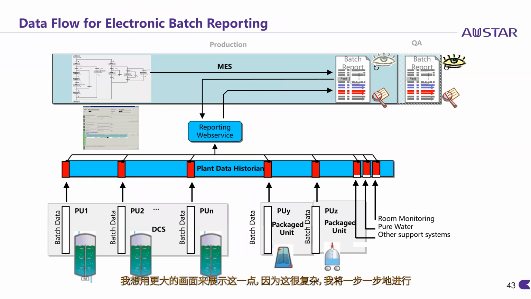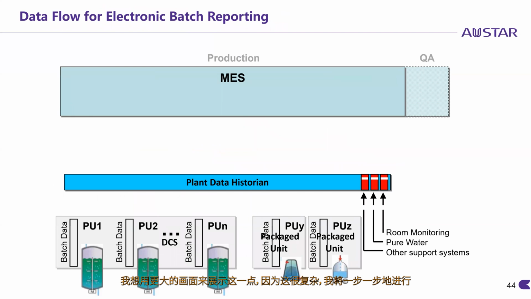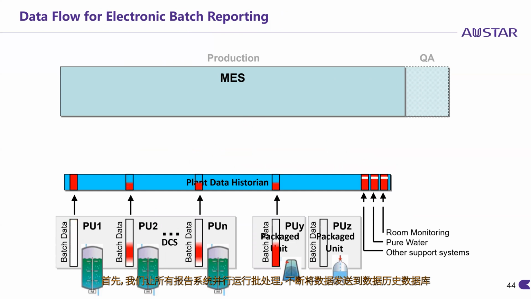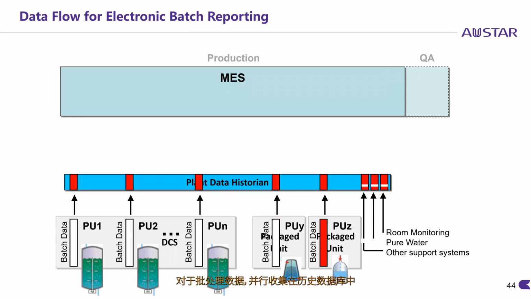So I'd like to show this in a bigger picture. As this is complicated, I will go through it step by step. First we have batches running in parallel, with all the supporting systems continuously sending data to the data historian. So the batch data are collected in the historian.